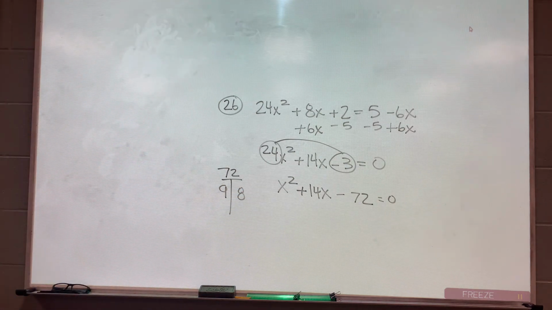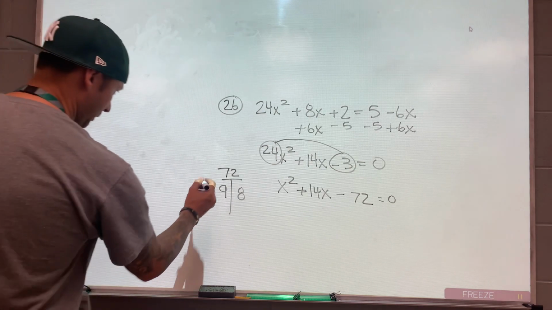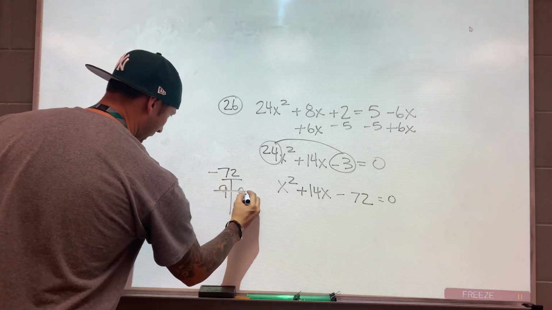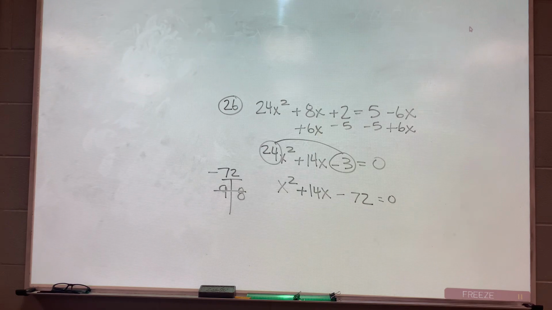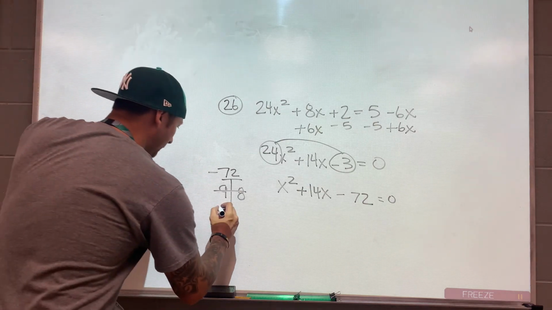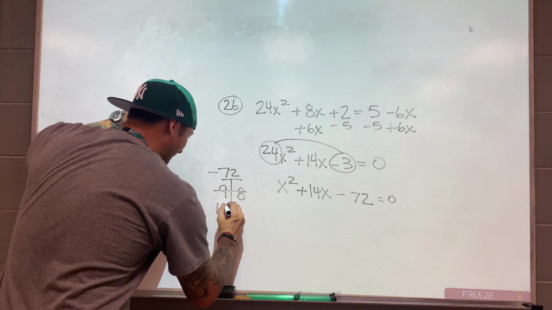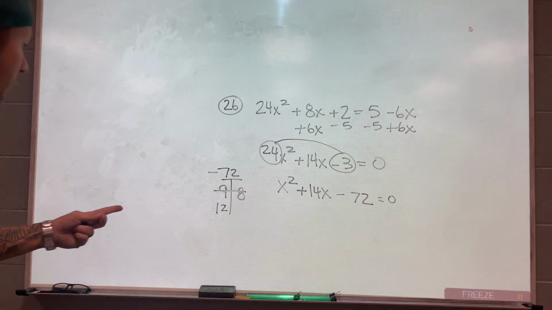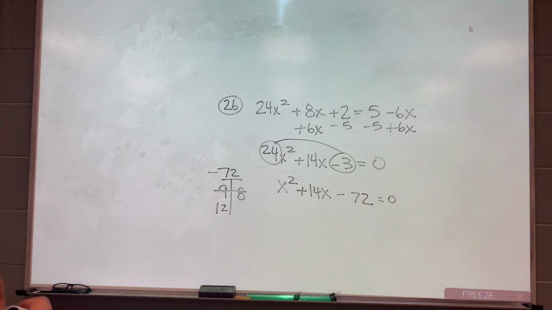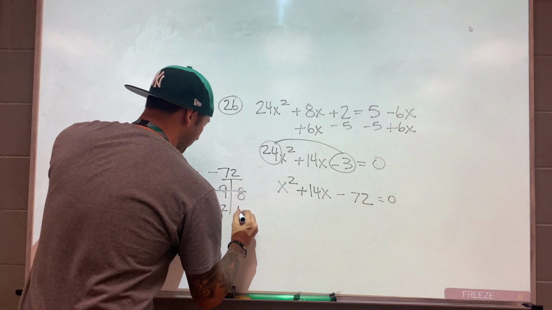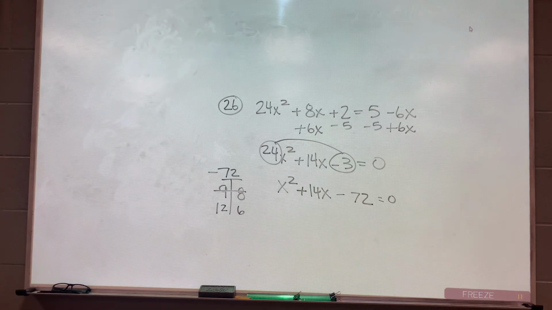Does that work though? No, 9 and 8 don't make 14. And it's negative 72. So that one doesn't work. 10, 11, 12, 72, so 60, 72. So 12 and 6, 12, 24, 36, 48, 60, 72, yeah. Can that make 14?